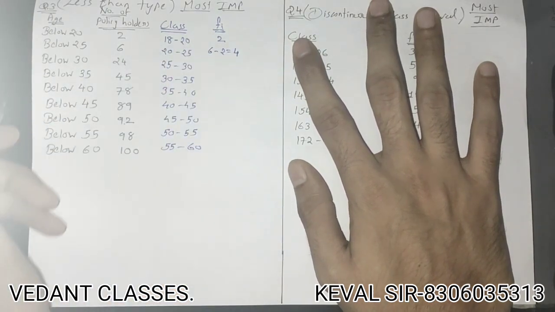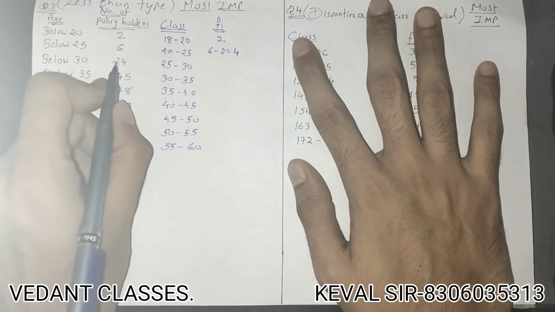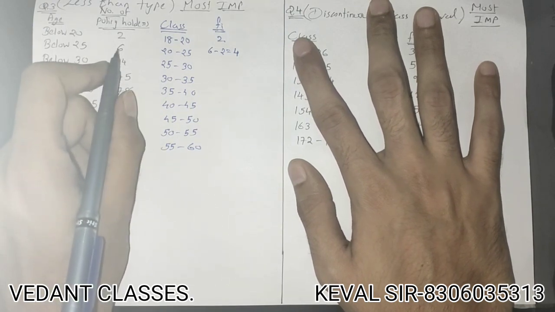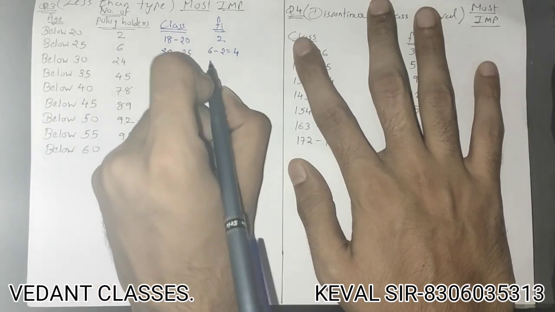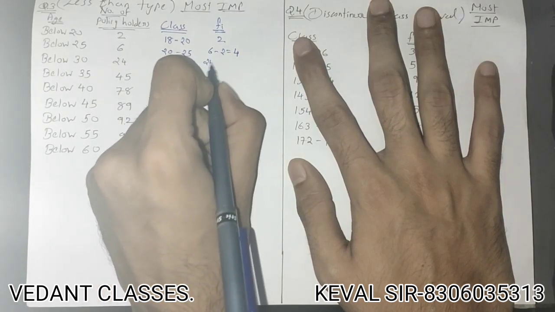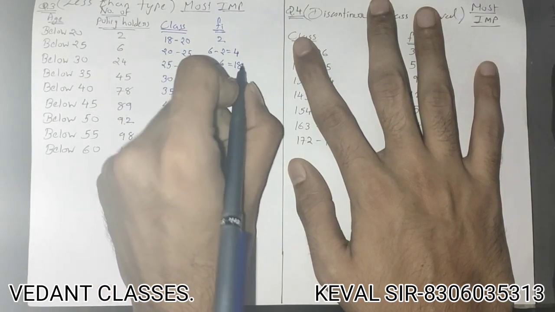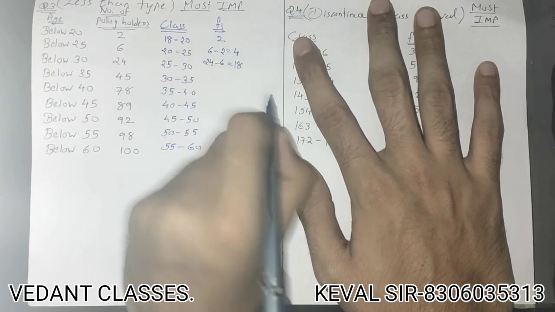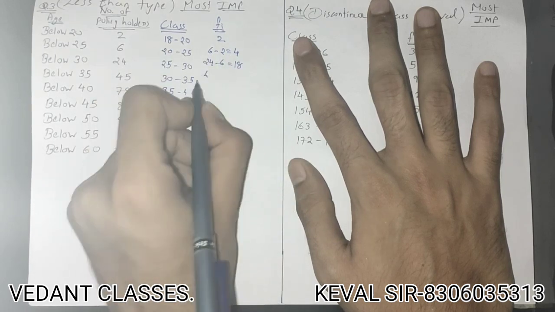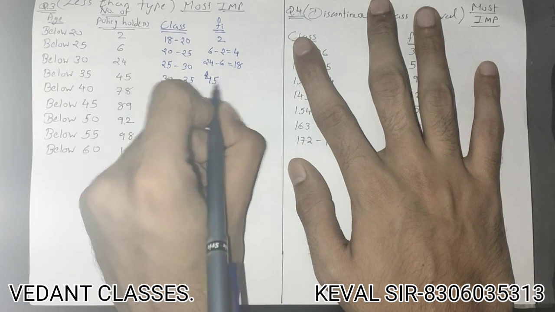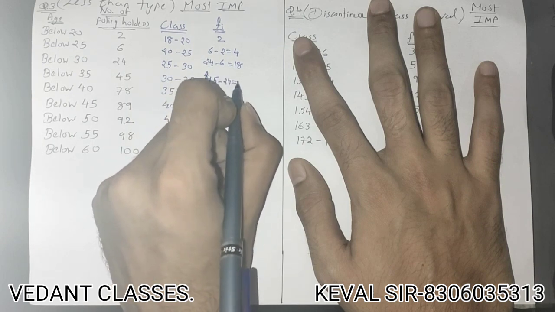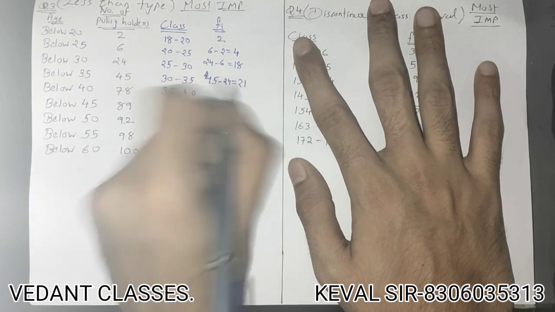So likewise you can calculate all of them. Below 30 it is 24, so in this 24 they also considered this 6. So for the next we need to find 24 minus 6, so this will be 18. Now successively we can find 45 minus 24, so this will be 21.